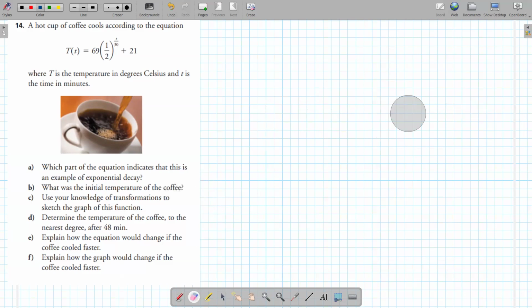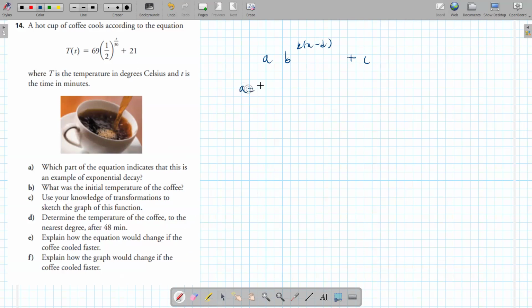Use your knowledge of transformation to sketch the graph. This is a little bit tricky. We're going to skip this, but I'll show you how to do it. To do a transformation, you want to compare your exponential function with something like this.